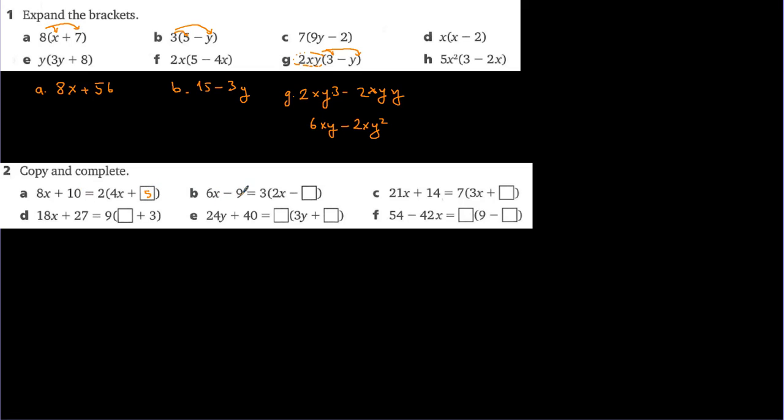So 6x minus 9, if 3 is the common term, then when you divide by 3 it's equal to 2x, written here, minus, and you divide by 3 and it's going to be equal to 3 here. So 3 times 3 is equal to 9. This is the logic of the question.